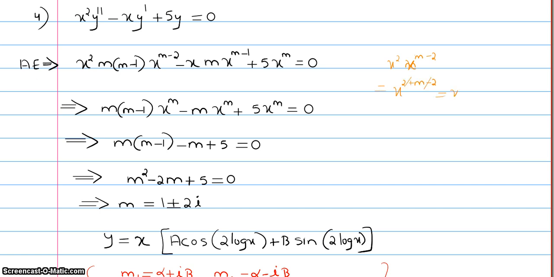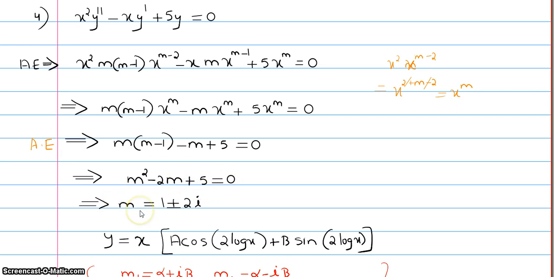So we get x raised to m. Similarly, x raised to 1 into x raised to m minus 1 is x raised to m. So taking x raised to m as outside, the auxiliary equation will be m square minus 2m plus 5 equal to 0.